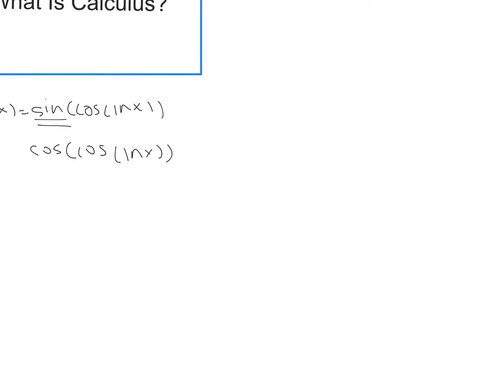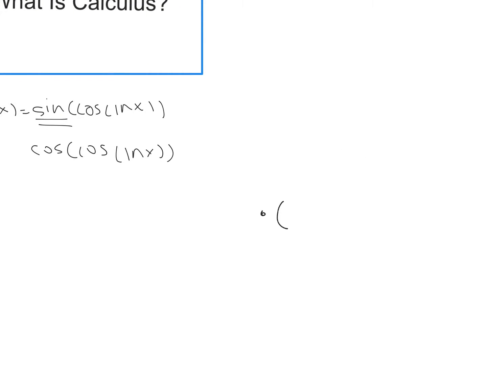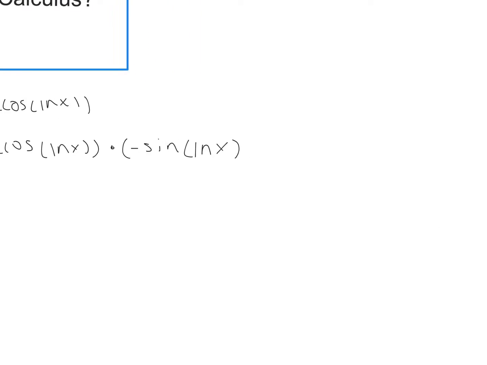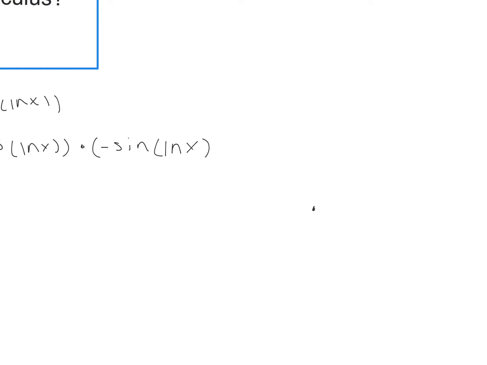Now we need to multiply this times the derivation of the second part, which will be negative sine ln x, times the derivation of this part, which would be 1 over x.